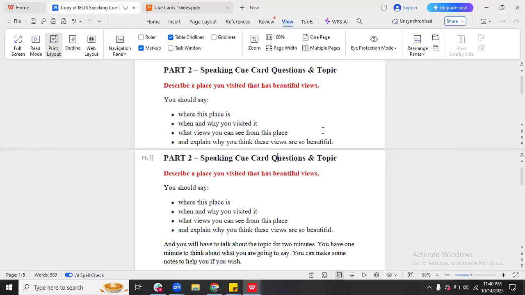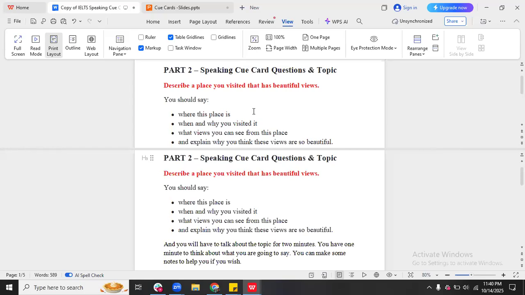So there's a cue-card question in front of you. It is from the theme, a place you visited that has beautiful views. The prompt questions are where this place is, when and why you visited it, what views you can see from this place, and explain why you think these views are so beautiful.